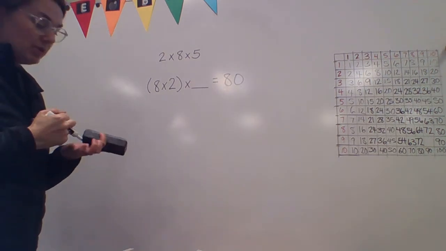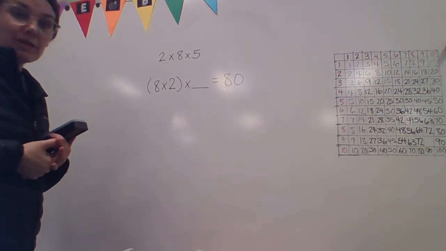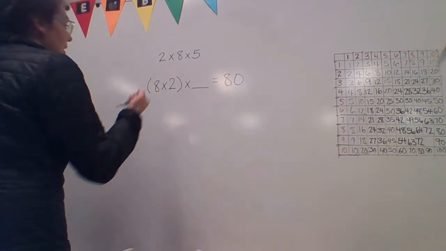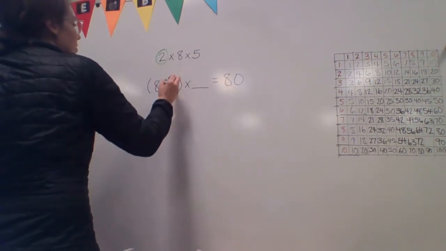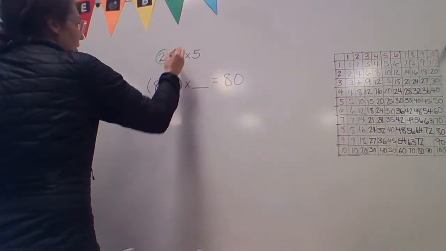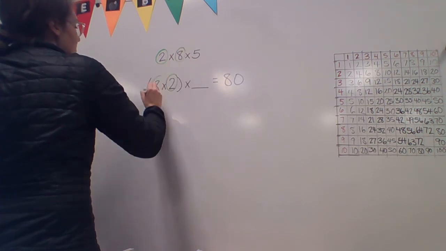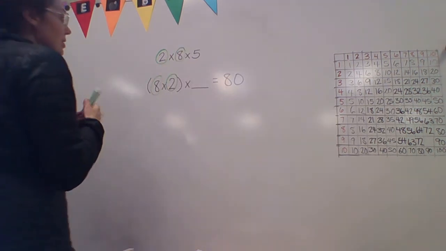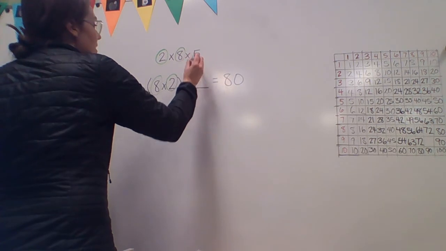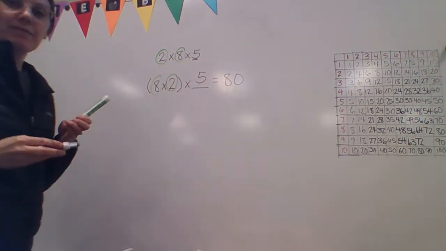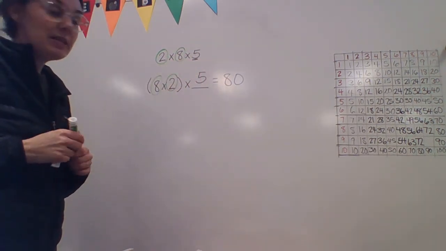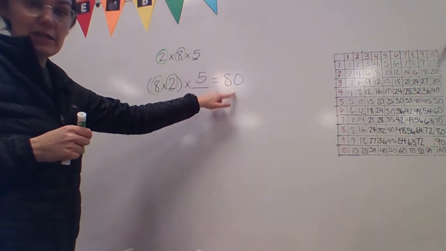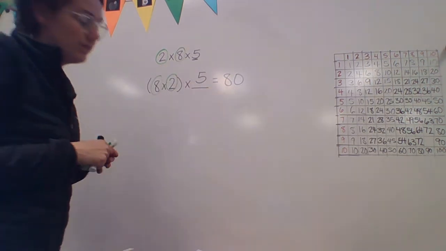So for this, I'm going to look at what is the number that is missing. I have 2 right there. I have 8 right there. So I know that my missing number has got to be 5. So I would fill in 5 on the blank because I still need to have all 3 numbers to get to my answer of 80.